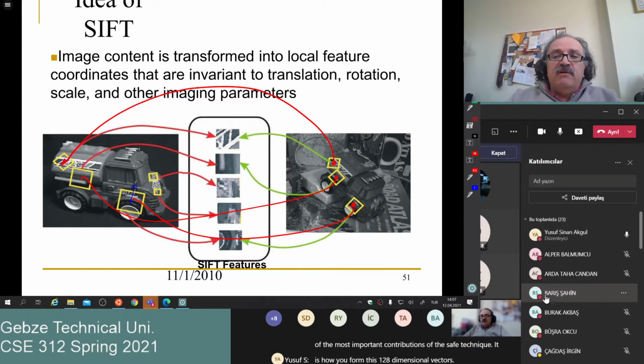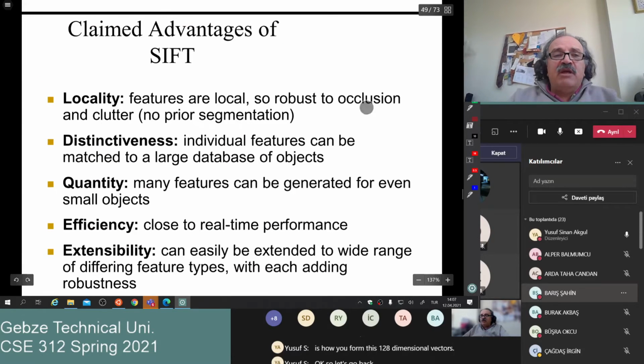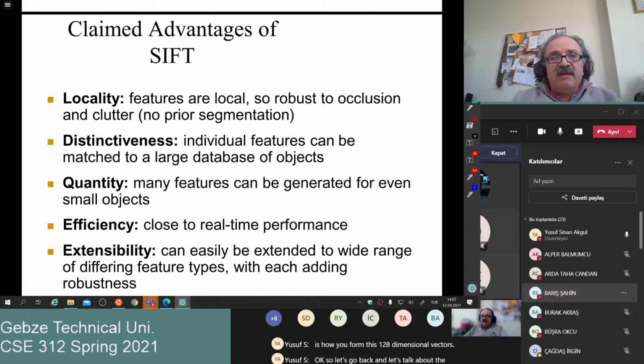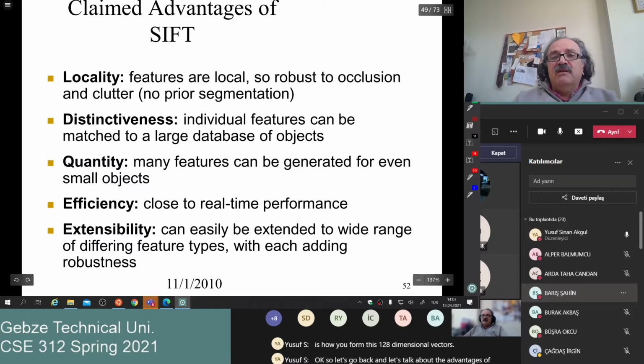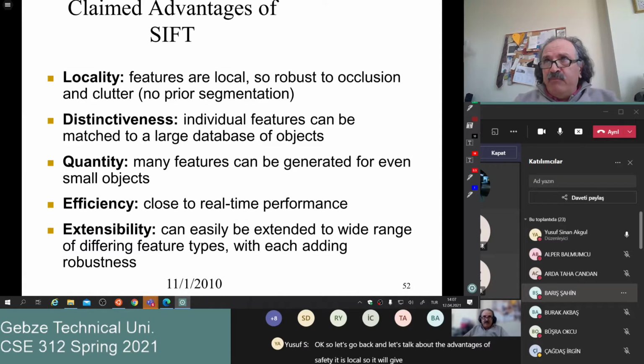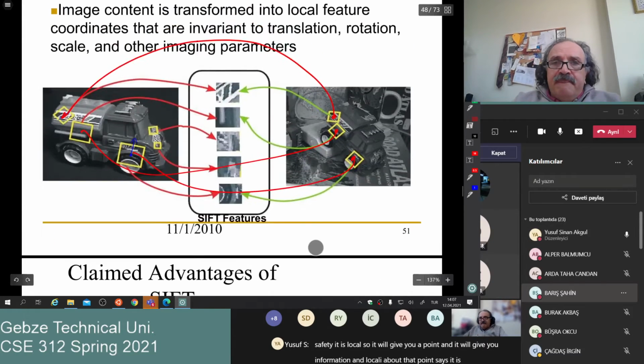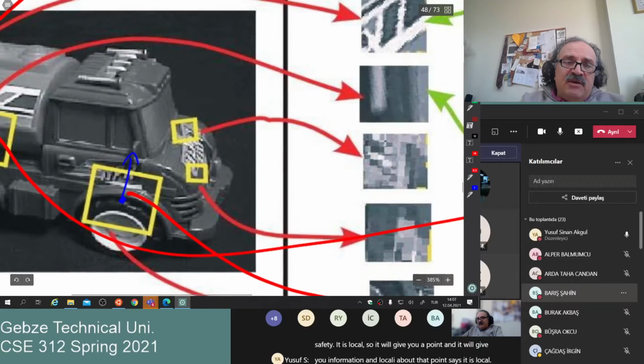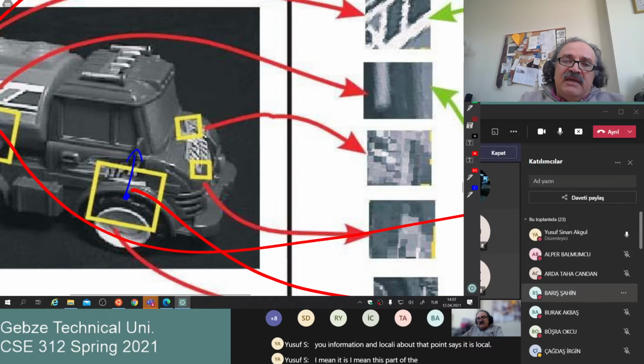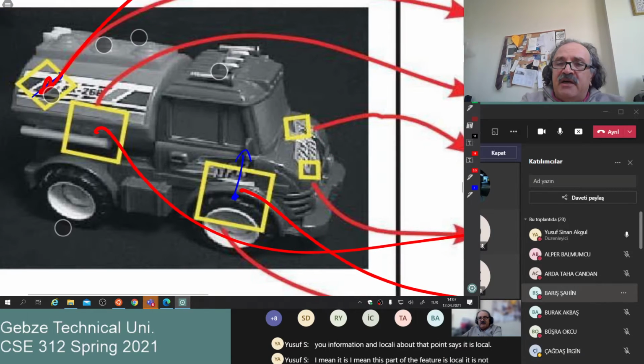Okay, so let's go back and let's talk about the advantages of SIFT. It is local, so it will give you a point and it will give you information locally about that point. Since it is local, this part of the feature is not affected from the other parts of the image.